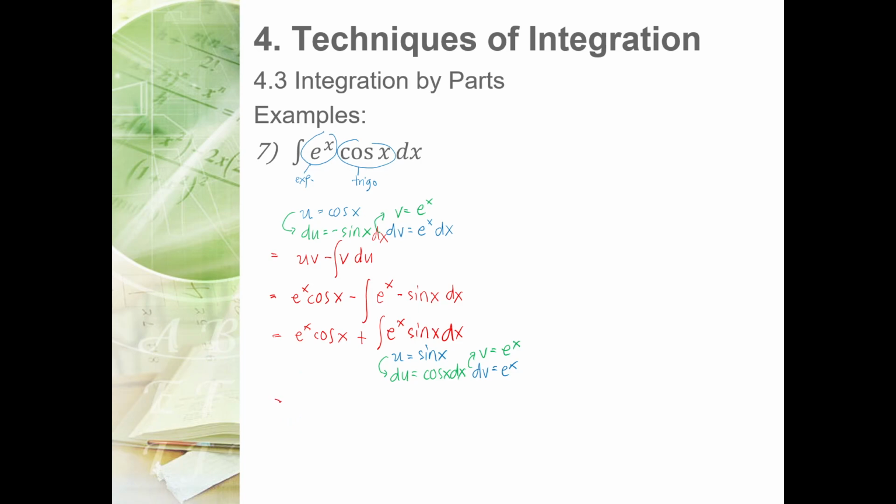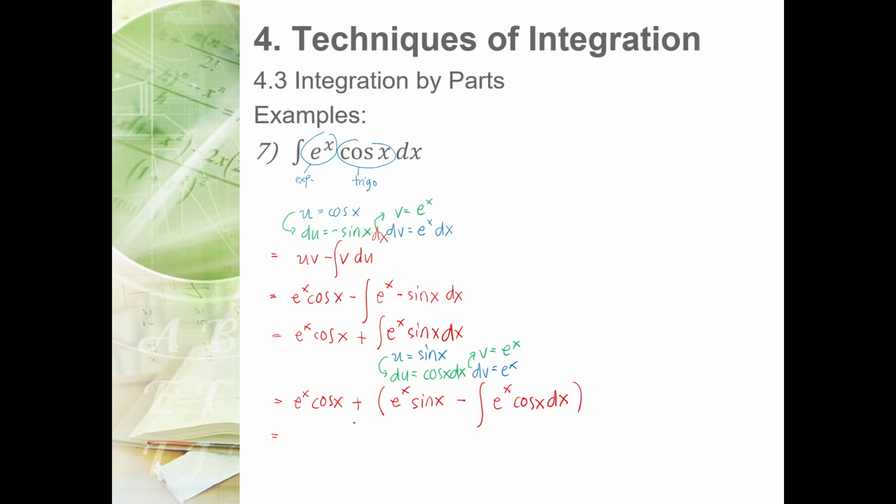So if we're going to write the equation again, e to the power of x cosine x, plus, I put it in parentheses because it's two terms. uv minus vdu. So uv would be e to the power of x sine x, then minus the integral of vdu, e to the power of x cosine x dx.